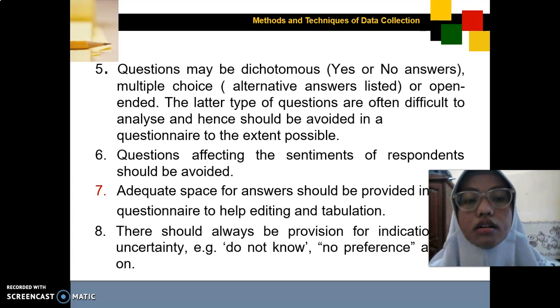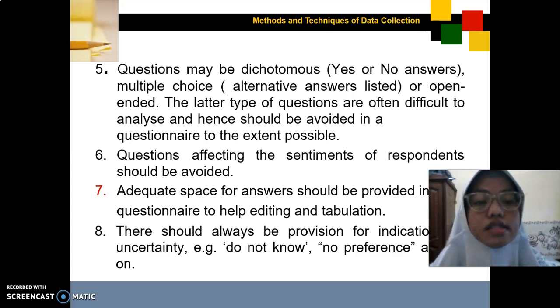So the questions in the questionnaire may be dichotomous, yes or no, or multiple choice. It depends on us what is better for your questionnaire to get valid data.